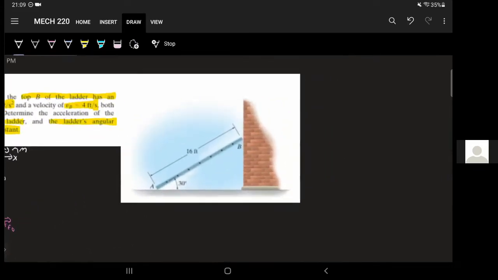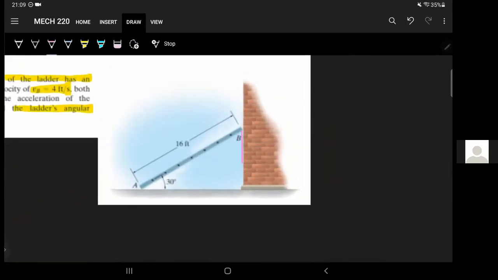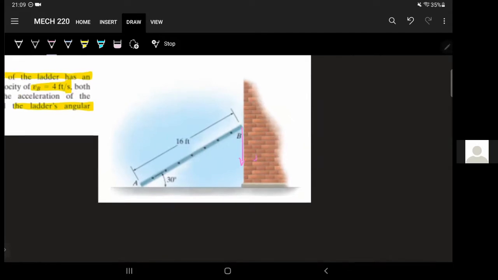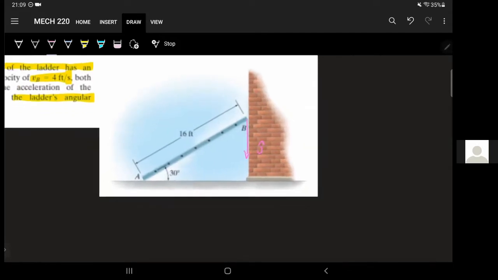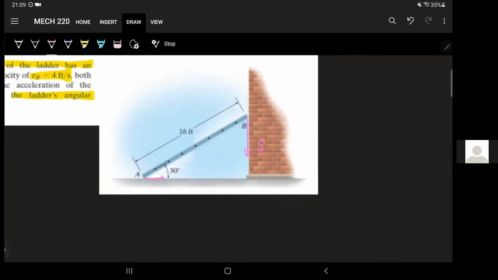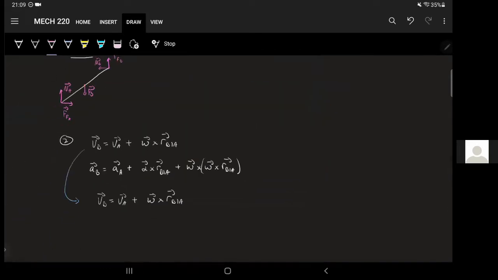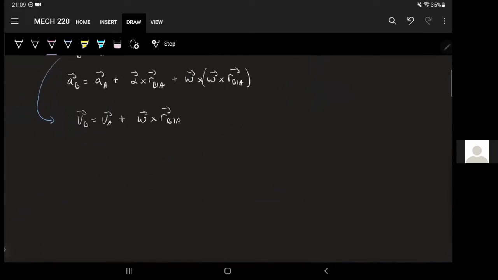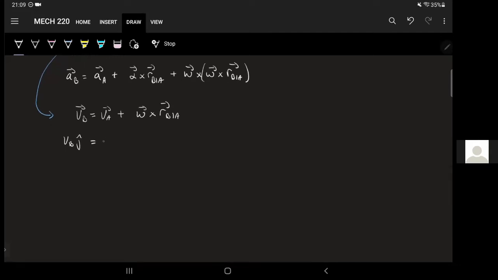So if we go back here, since it's going against the wall, it's only going in the j-axis, right? And here it's only going to be in the I direction, right? So we know that VB could be rewritten using vector notation as VB j, and then VA is going to just be VA i, right?